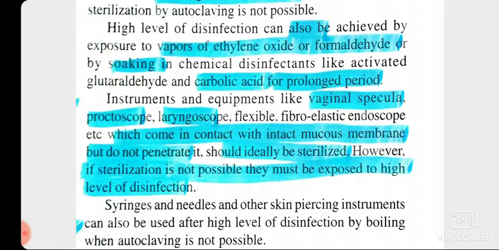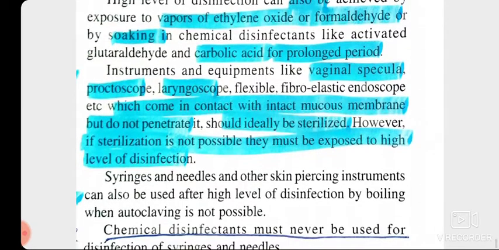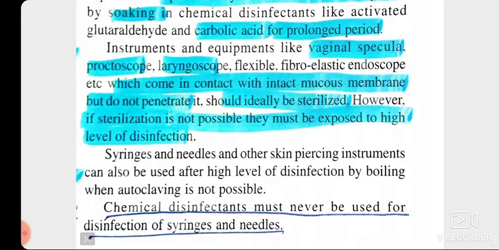Instruments and equipment like vaginal speculum, proctoscope, laryngoscopes, which come in direct contact with intact mucous membrane but do not penetrate it, should ideally be sterilized. So these instruments, which are used for several procedures, should ideally be sterilized before use.